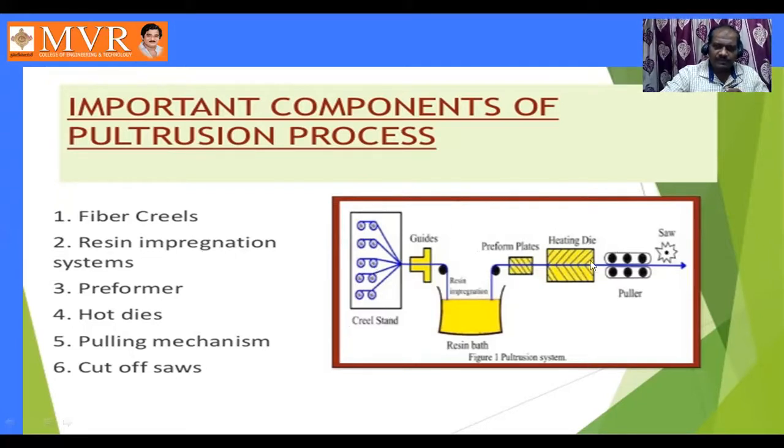Pulling mechanism to correct the sizes, and the cut-off saw. Cut-off saw means up to the needed length we are going to cut it, and thereby we are going to use it for different applications.